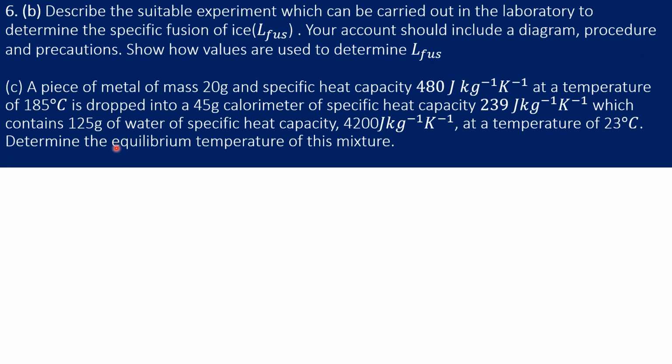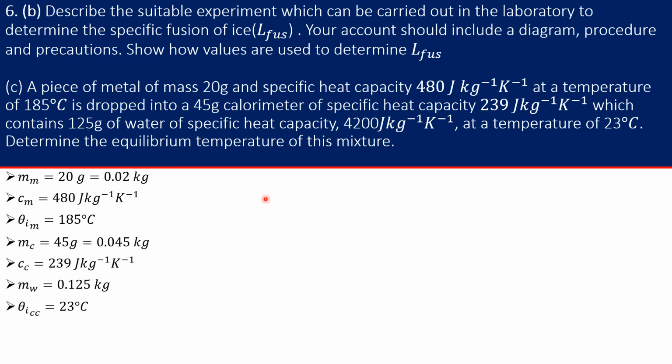The other part says describe a suitable experiment; guys, you can check out the experiments. Part C says a piece of metal of a given mass and specific heat capacity at a temperature is dropped into, okay, this is an easy problem. That's our data: the mass of the metal, specific heat capacity of the metal, initial temperature of the metal, and mass of the calorimeter.